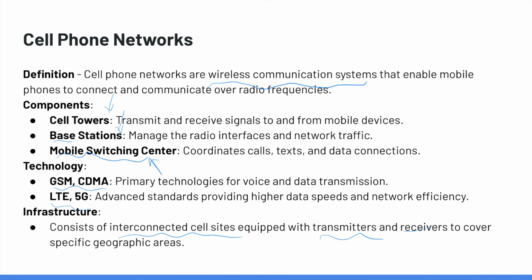Also there are things like base stations, which play another role in managing traffic. You don't necessarily need to know these components, but this gives you an overall summary of what cell phone networks are. I will say that I haven't actually seen any questions on cell phone networks or any of these random hardware devices or systems, but they're on the syllabus, so I just thought I'd cover them.